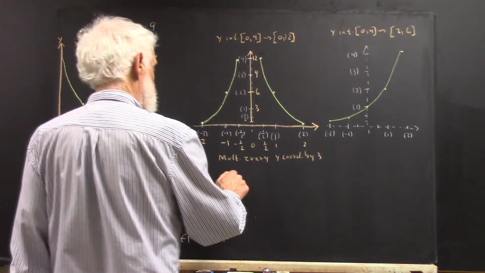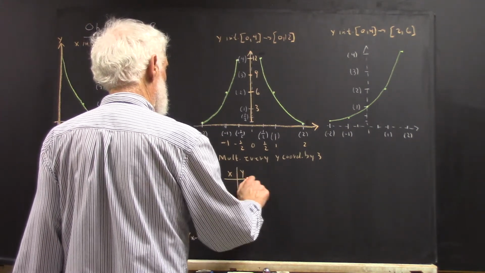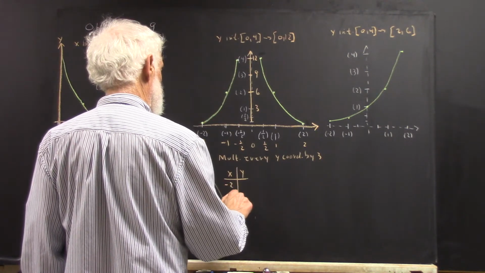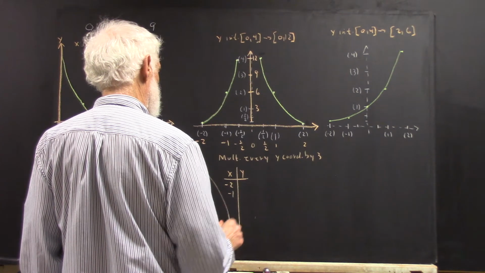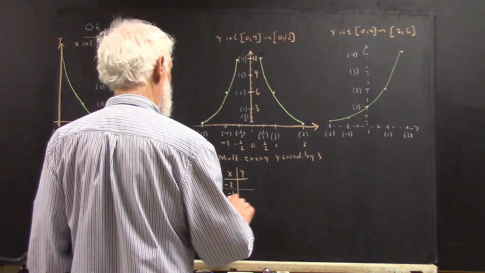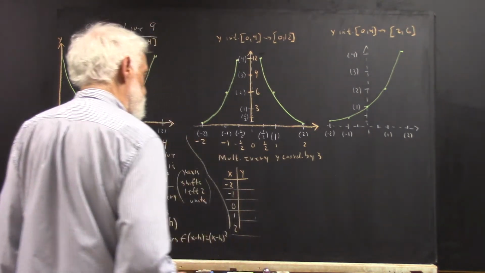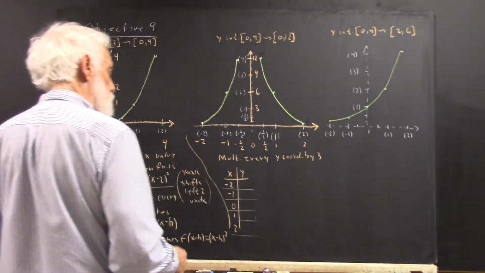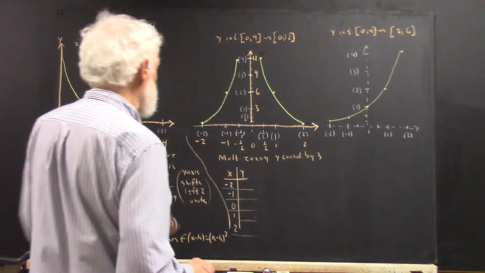If we make our table, I'm making an abbreviated table. You would want to include the x equals 1/2 point and the negative 1/2 point, but we can still see what happens using this, okay?